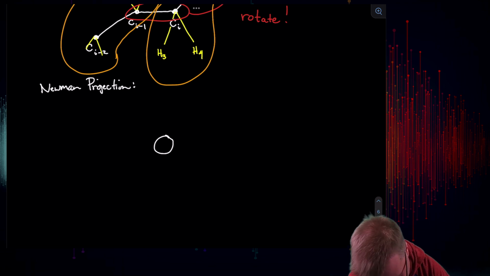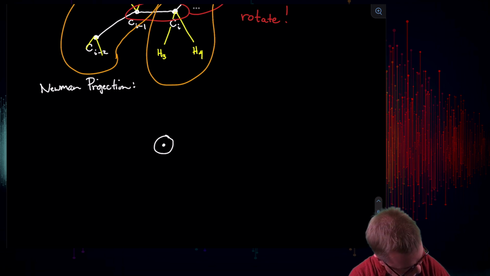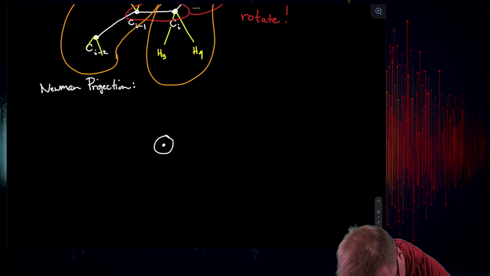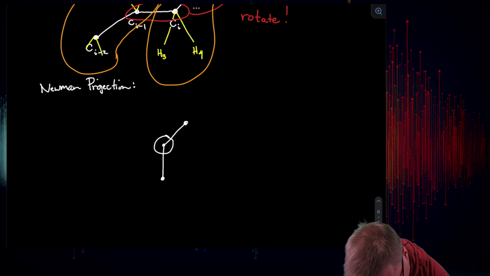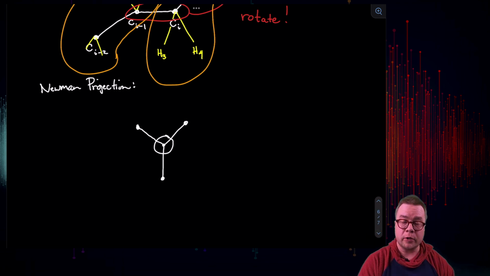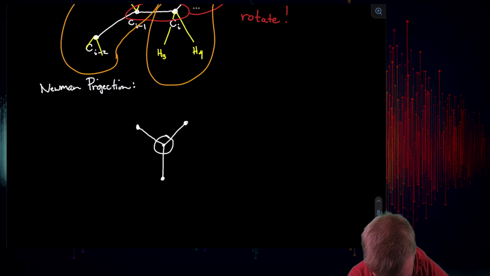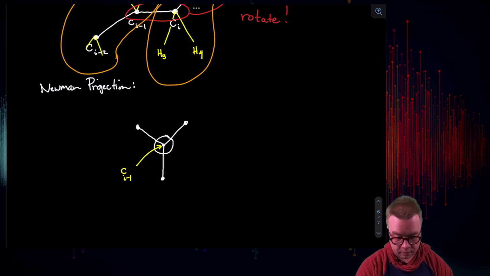will look like this. We've got something that looks like this, and I will label these so you can see what they are. What we're looking at here, this atom here is carbon I-1.